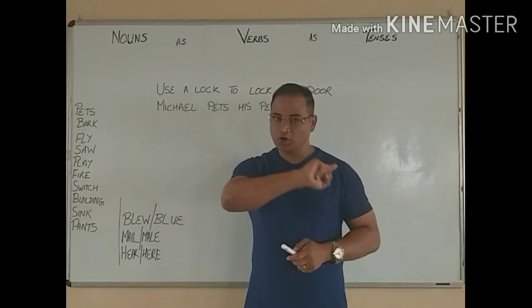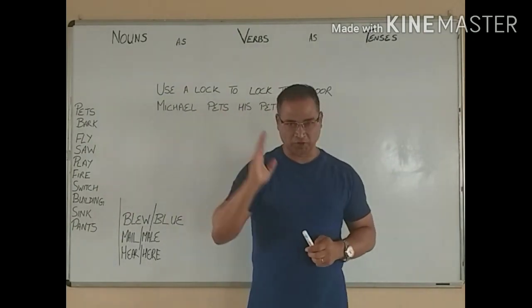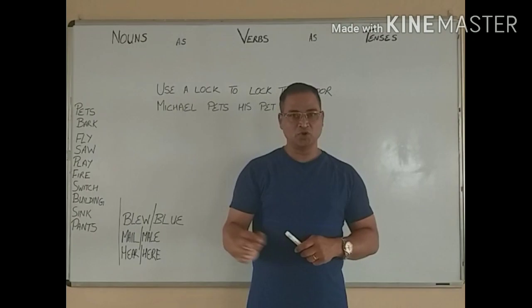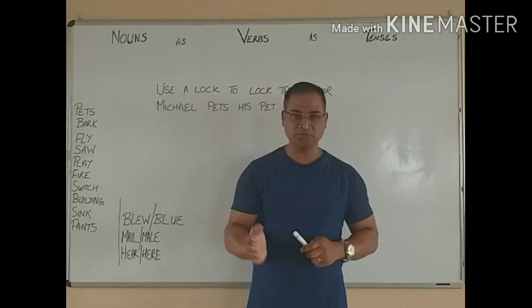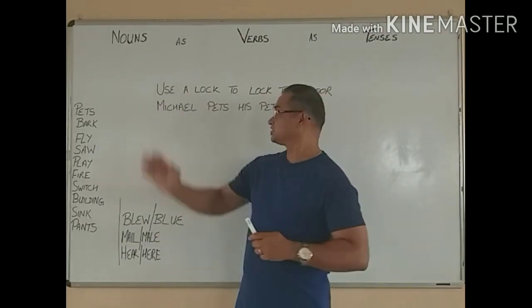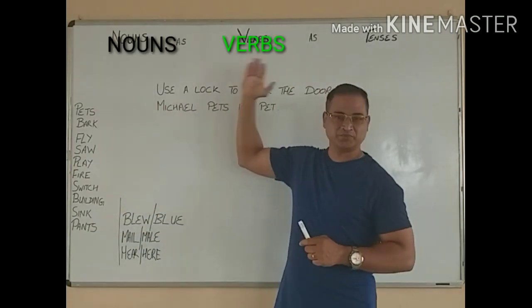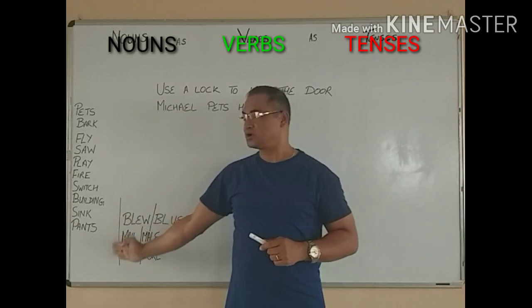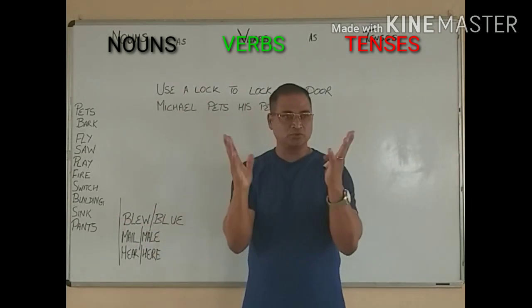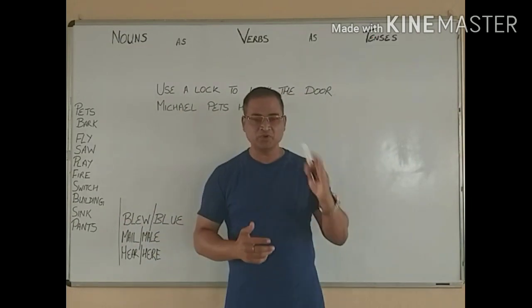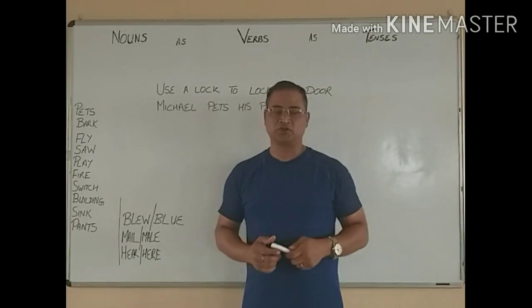But mind you, not all nouns come in as verbs and tenses. Alright, but there are hundreds of them that come in together as nouns, verbs and tenses. I'm just giving you a few, because I want to remove the confusion of a number of children who I find it difficult to learn.